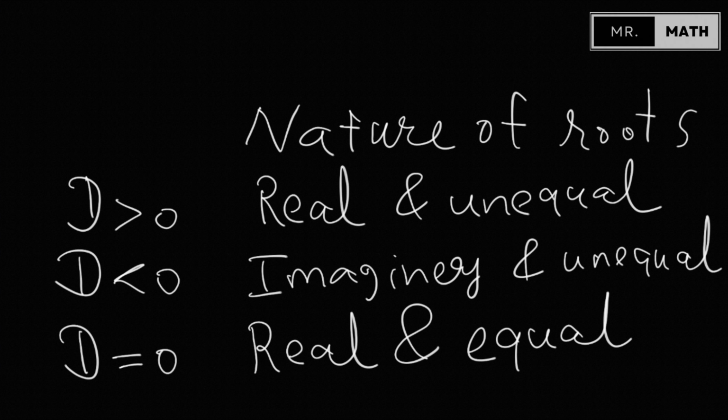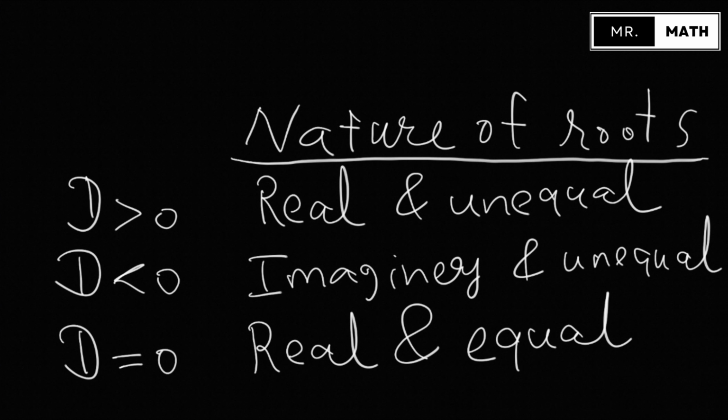D is always a value, right? It is the value of b square minus 4ac. So if D is greater than 0, then roots are real. If D is less than 0, then roots are imaginary and unequal. And if D is equal to 0, the roots are real and equal.